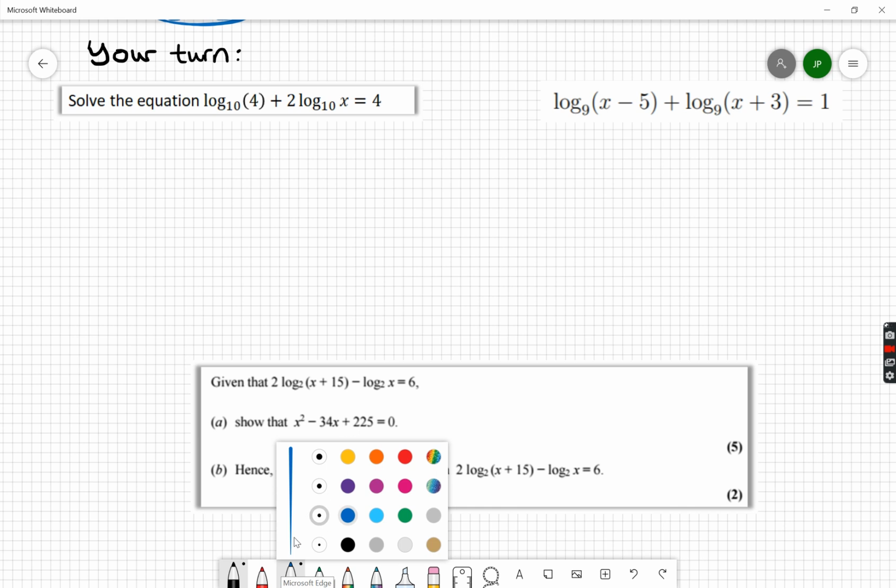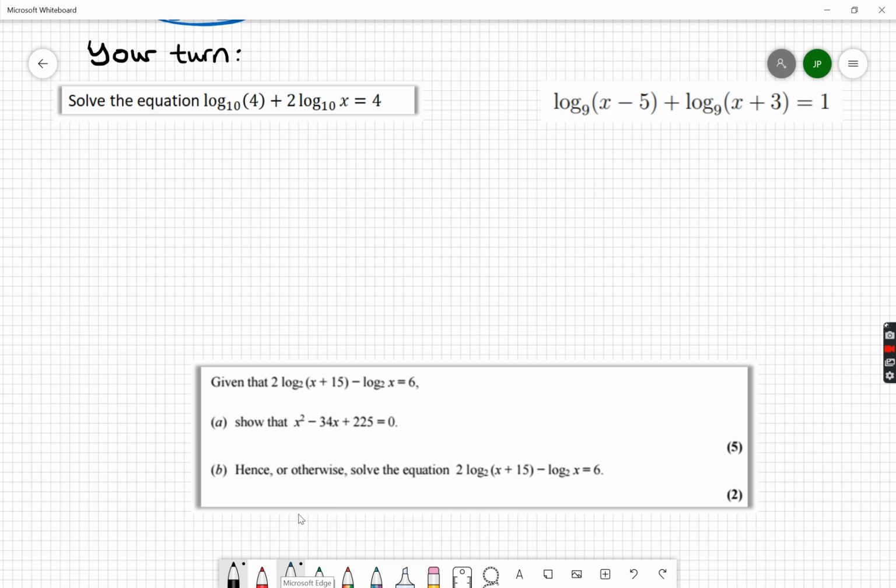Okay guys, so 3 on here. We'll start in the top left, very similar to the one I just went through with you. Almost identical in fact. So we've got to have a single log first. So that can stay as log base 10 of 4.